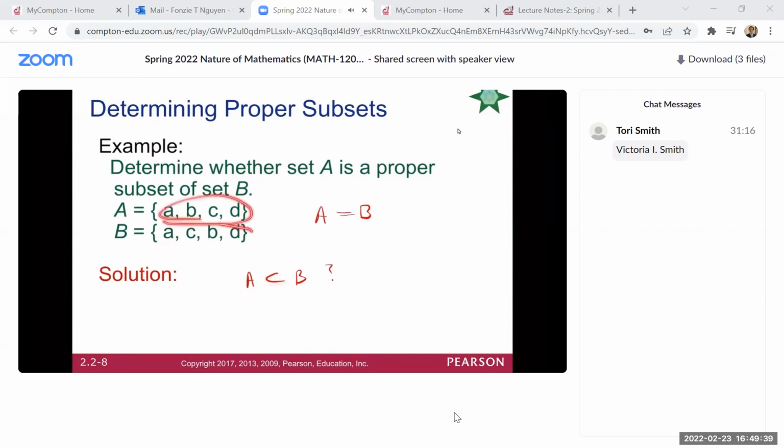So these are equal to each other, even though they're not in the same order. So it makes it not a proper subset, but is it a subset? Yeah, it is a subset, but it's not a proper subset. It's just a little tiny difference. The only difference is that it cannot be equal, and this one is equal. So that's why it's not a proper subset, but it is a subset.